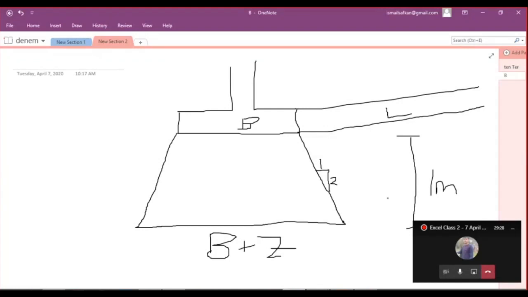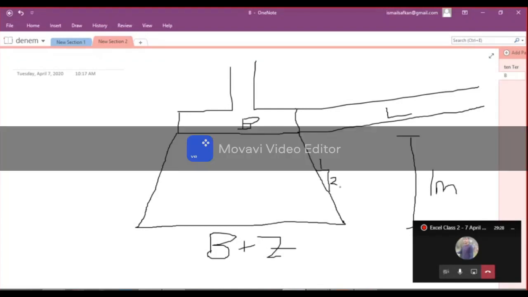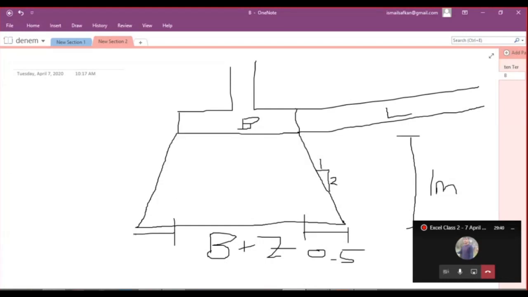But for 1 meter, there is an increase here at 0.5, and also here 0.5. Summation of these two will be same as Z.